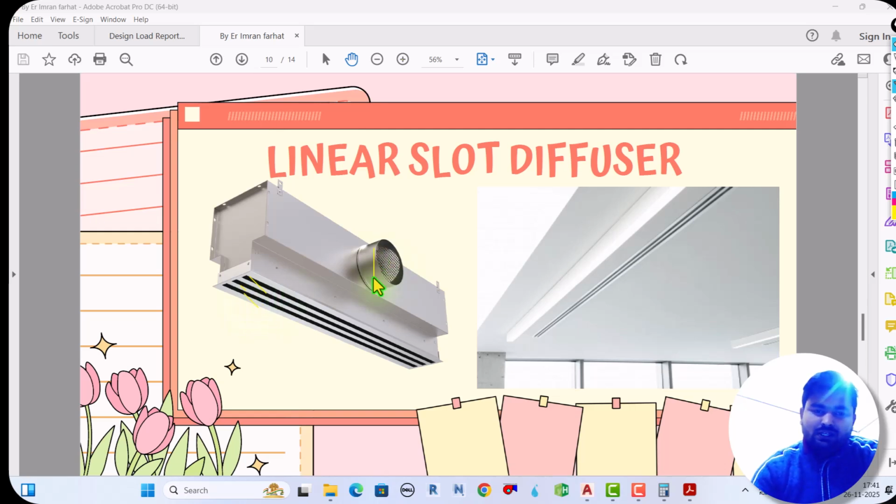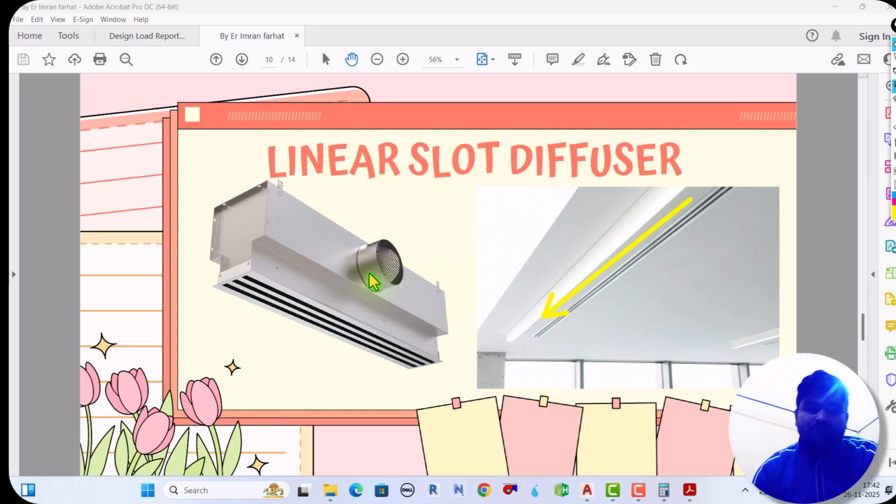Okay, this is the neck, right? This is the neck, and this is the slot, 1 2 3, right? And here also we can see, this is the long length of the linear slot diffuser.